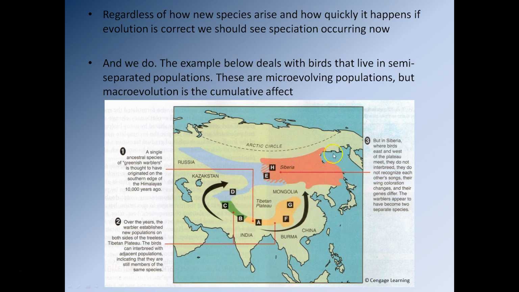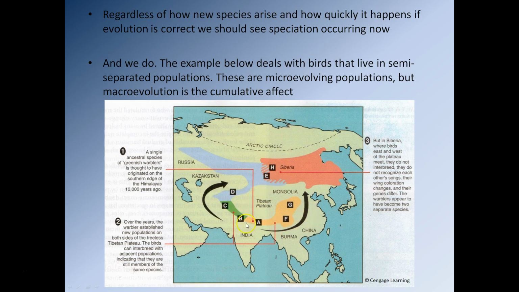At that point we end up with species H and species E. They are obviously the most different from the original common ancestor down here. By this point they are significantly different from each other, and species E and species H will not be able to interbreed. They will be completely different species.